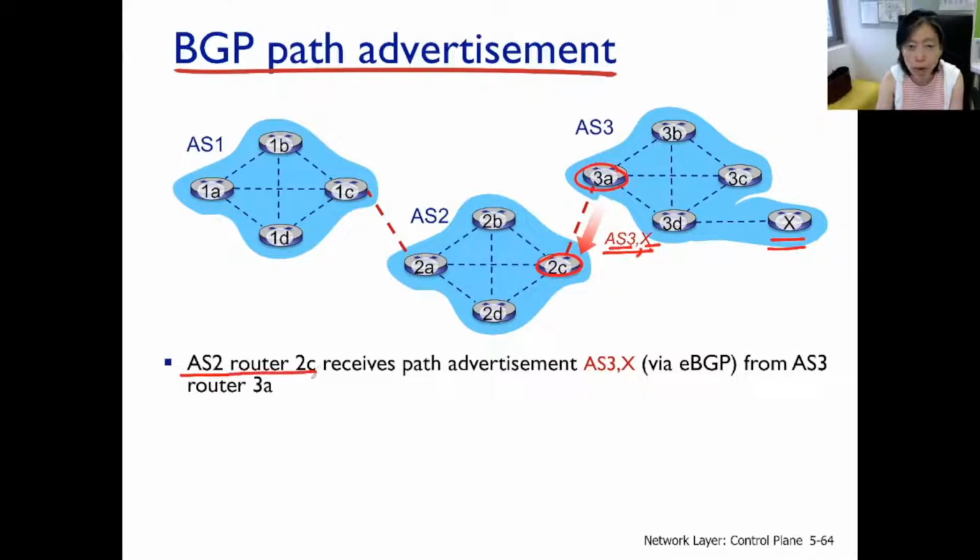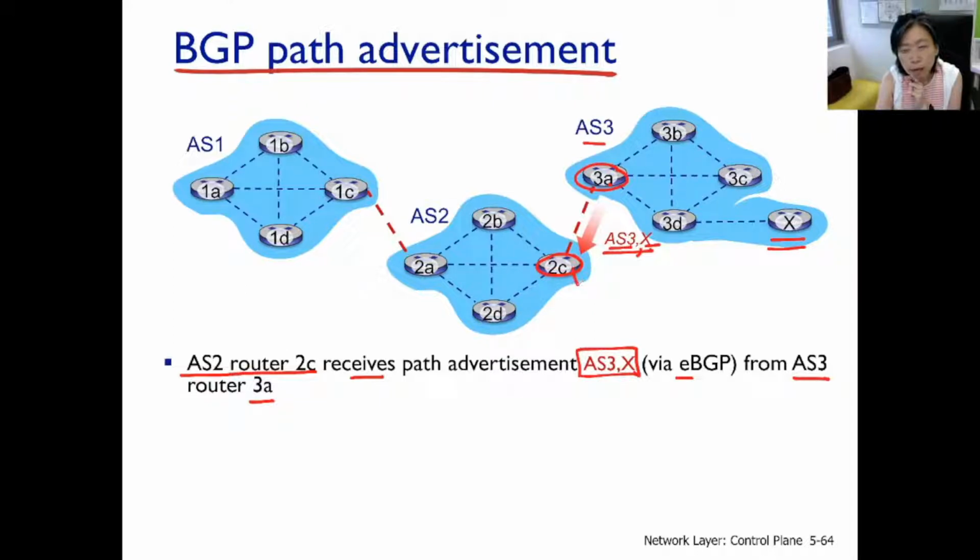So AS2's router 2C receives a path advertisement like this, through the exterior BGP connection. The advertisement came from AS3 and from router 3A of AS3.